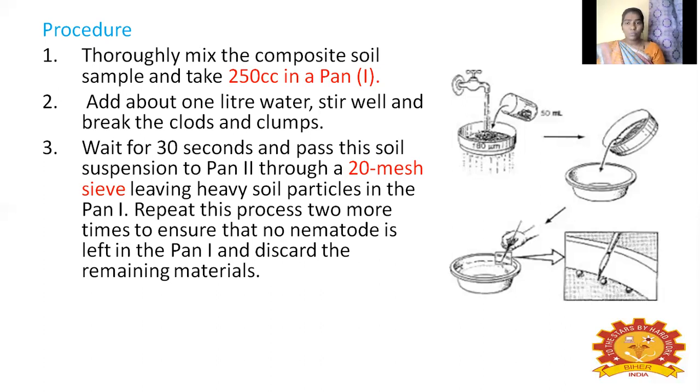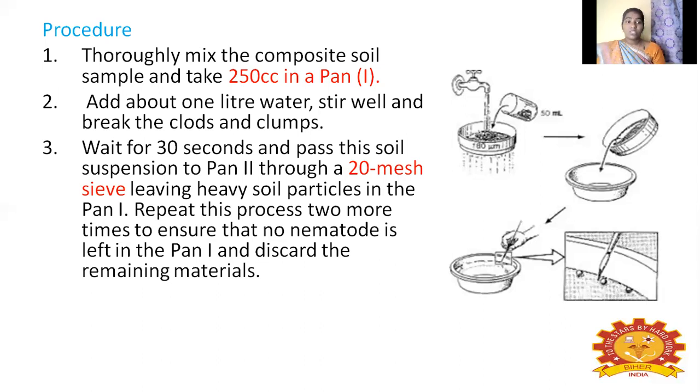We take 250 cc of composite soil in pan 1, add a liter of water, and stir it well without any clumps and clots. After that we wait for 30 seconds, and the soil suspension in pan 1 is transferred to pan 2 through the 20 mesh sieve.